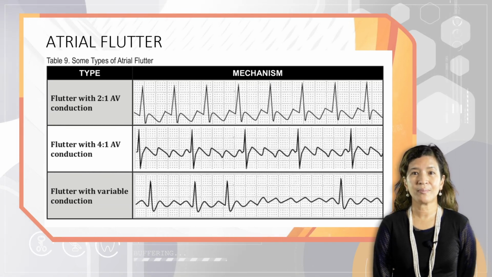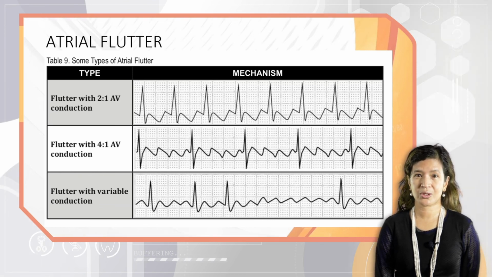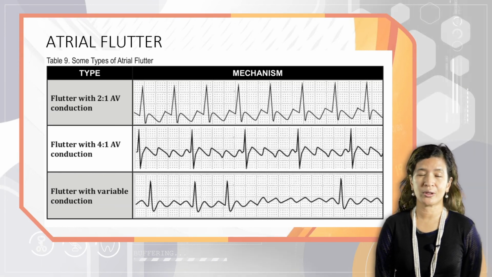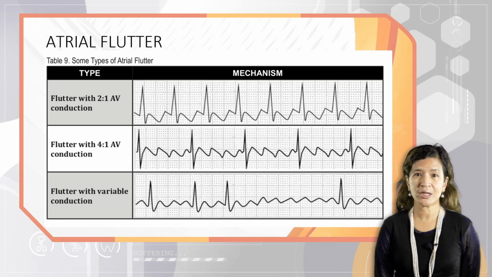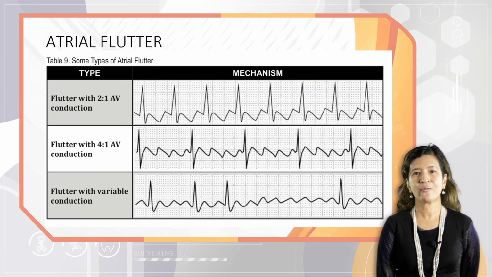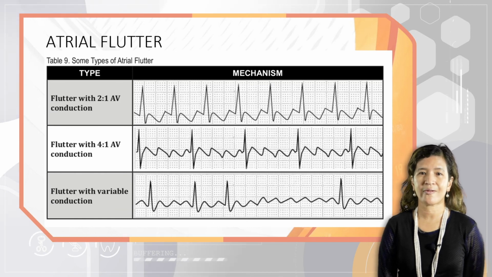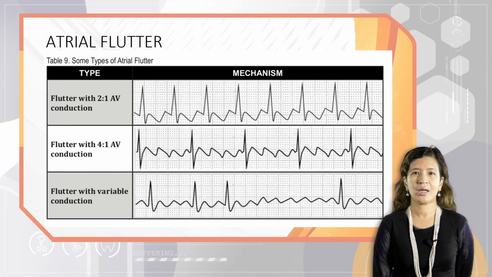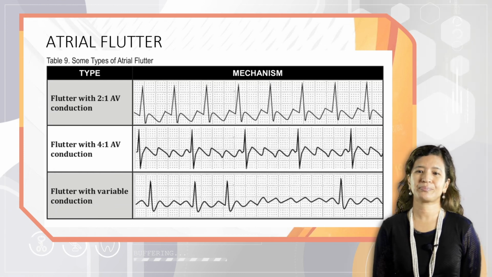Now, the flutter may be conducted to the ventricle in various ratios. So if it is a 2-to-1 conduction, one will have a ventricular rate, rather, of 150 beats per minute. If it is a 4-to-1 conduction, the ventricular rate will be 75 beats per minute. And then you can also have a flutter with variable conduction.